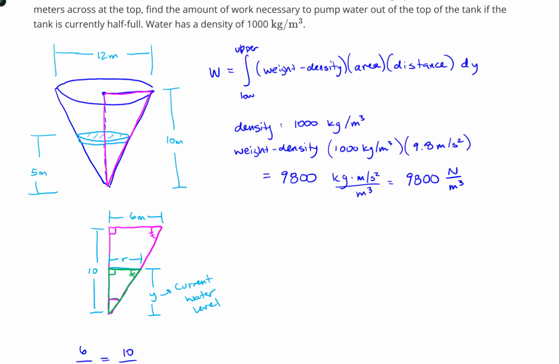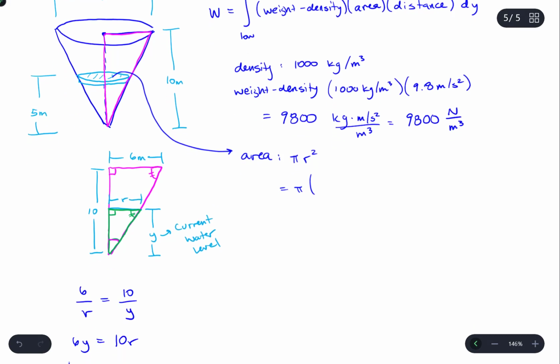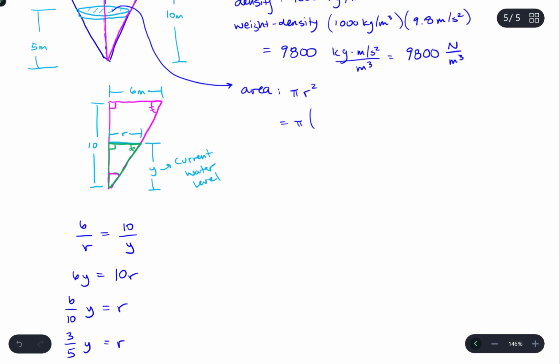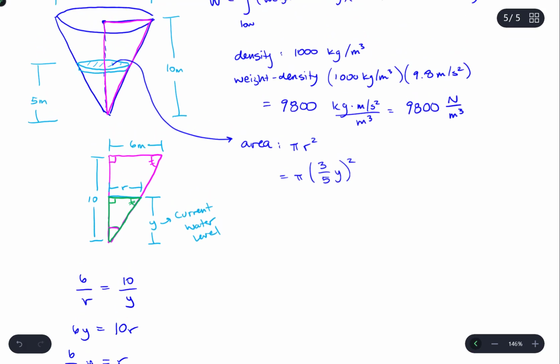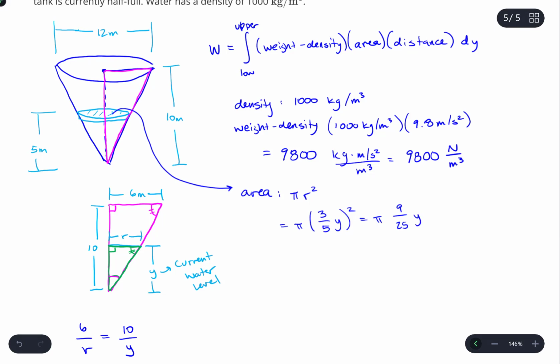Now, when I go to get the area of this disk, that's effectively what I'm working on. It's pi times the radius squared. Well, that's going to be pi times 3/5 of y squared. So it's my current water level squared, which would be pi times 9/25 y squared, or I'll say 9 pi over 25 times y squared.